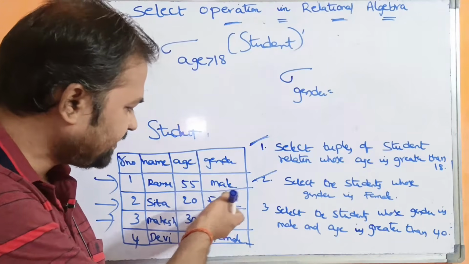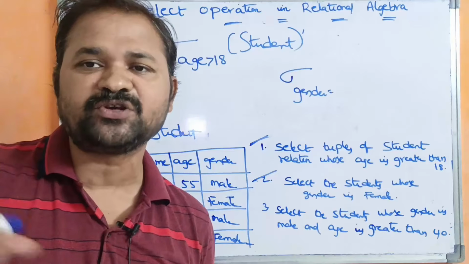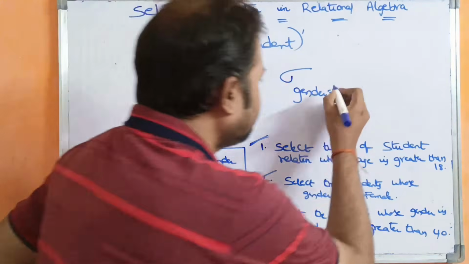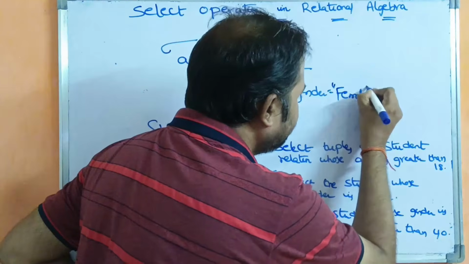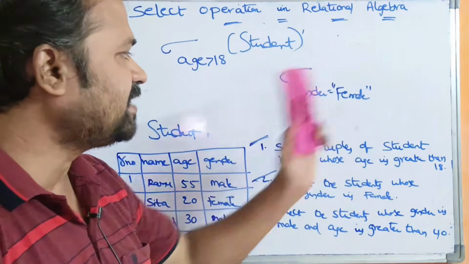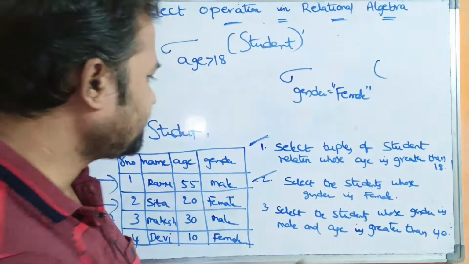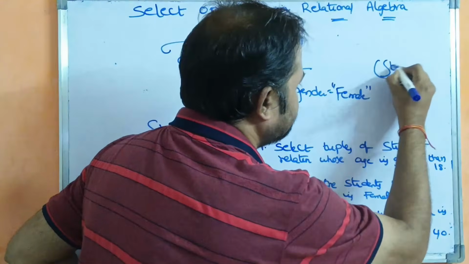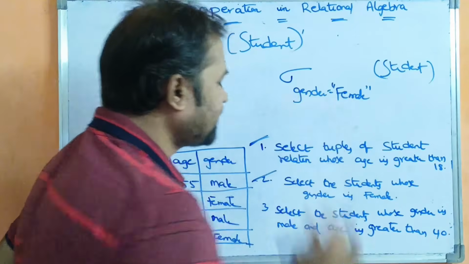Male contains characters, female contains characters. Characters must be enclosed within double quotations. Even if we have a single character, we still need to enclose it within double quotations. Next, the name of the relation is student.